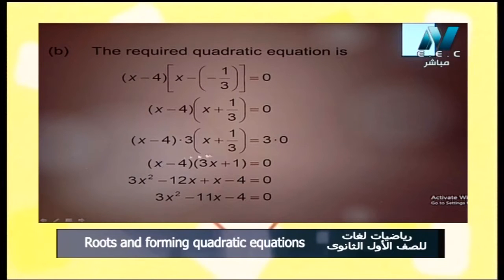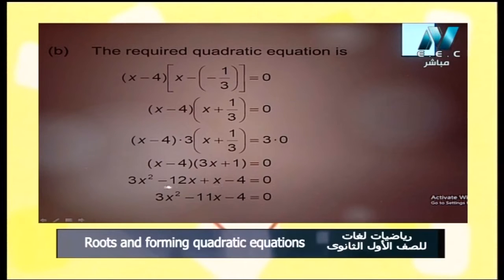We multiply x by 3x plus 1, so x times 3x equals 3x power 2, x times 1 equals x here, and negative 4 multiply this bracket, negative 4 times 3x equals negative 12x, and negative 4 times 1 will be equals negative 4.